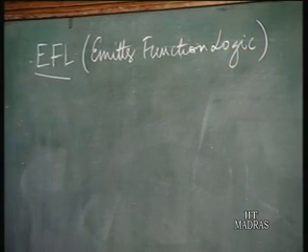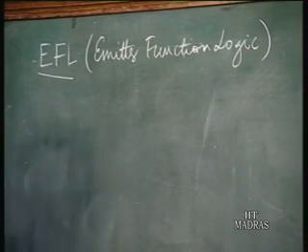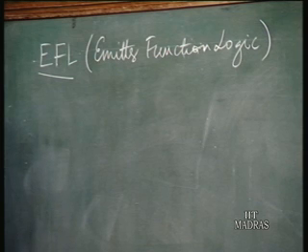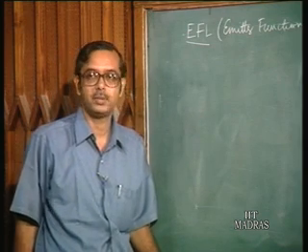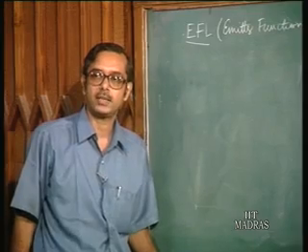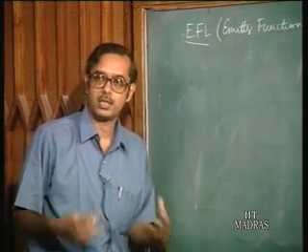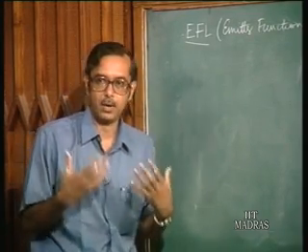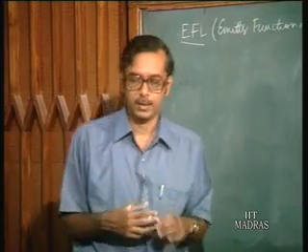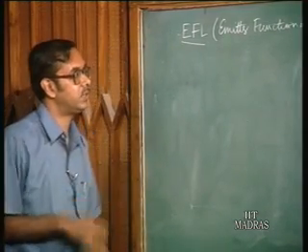This is a sort of derivative of the ECL, and again the idea behind this is to improve the functionality, so that the power is used more effectively. So, what is an EFL? We shall take that up first.